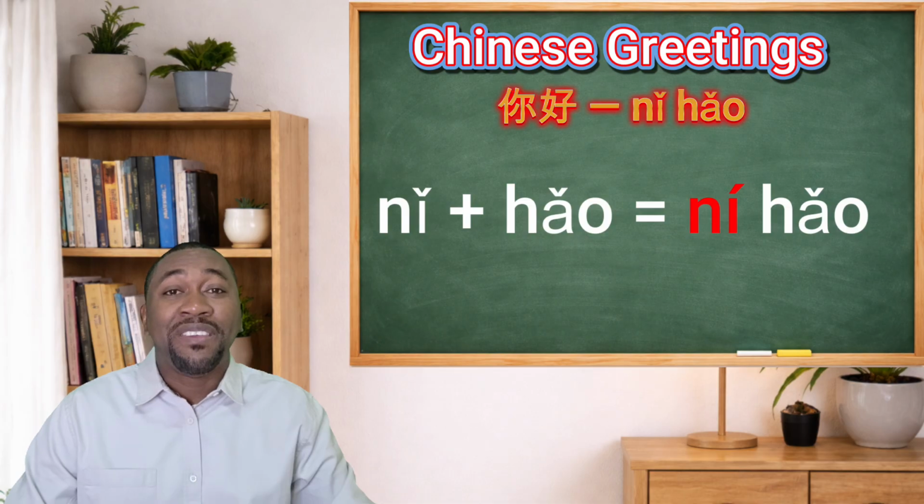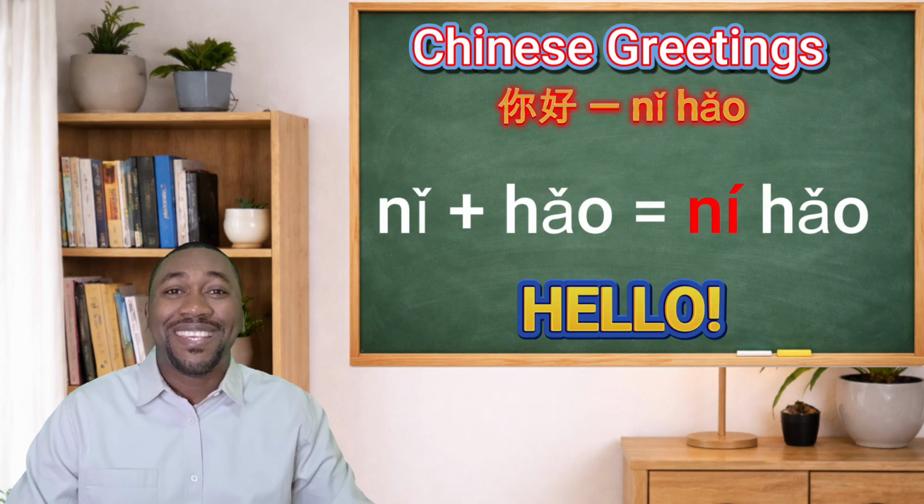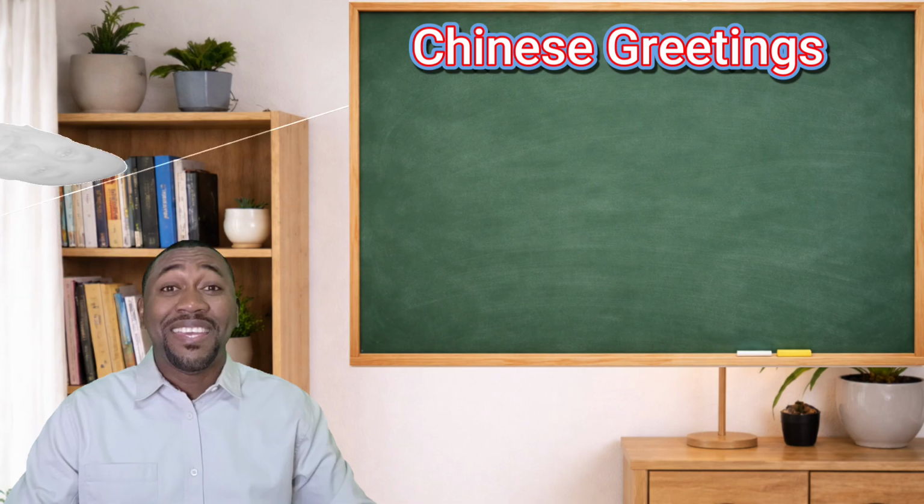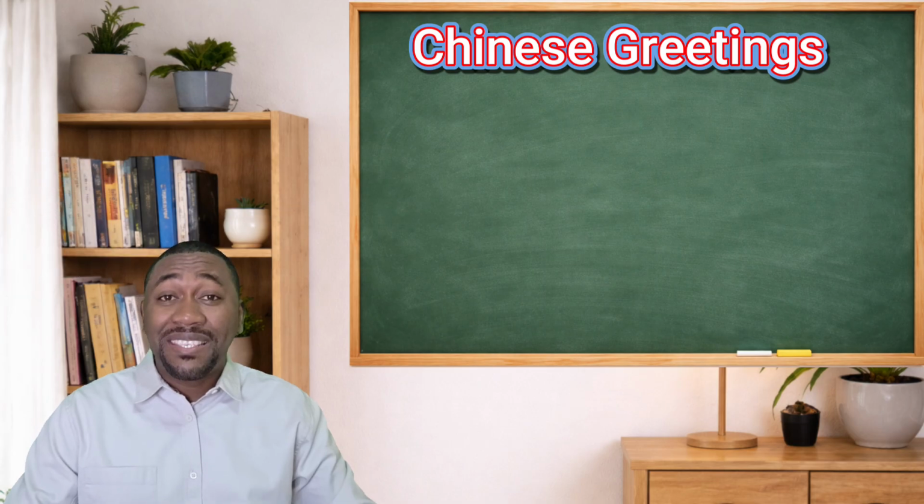So instead of having ni hao, which is a bit difficult and doesn't sound natural, we have ni hao. So say after me one more time, ni hao. And there you go. Now you can say hello in Chinese.